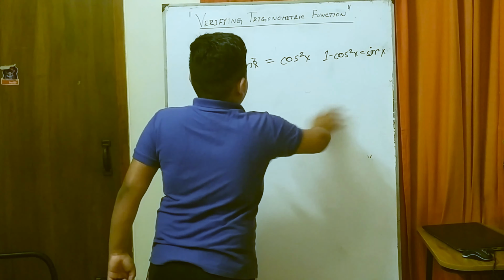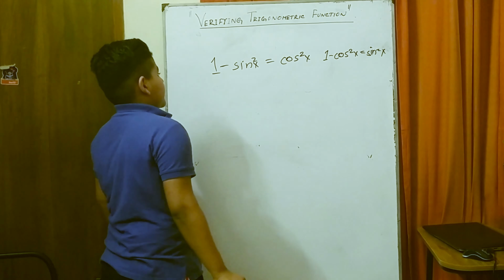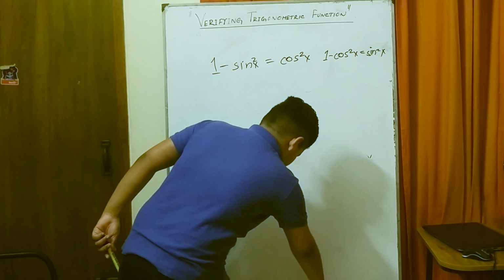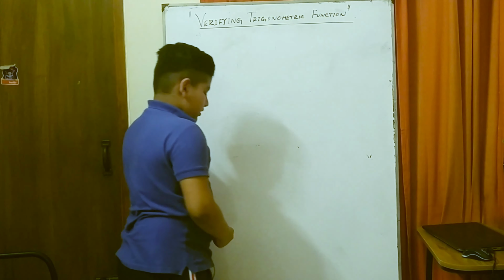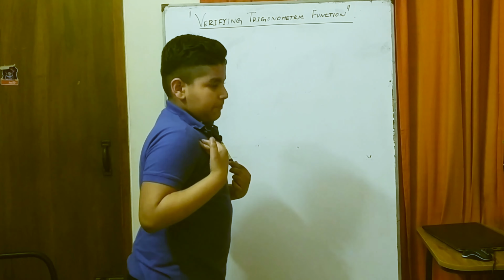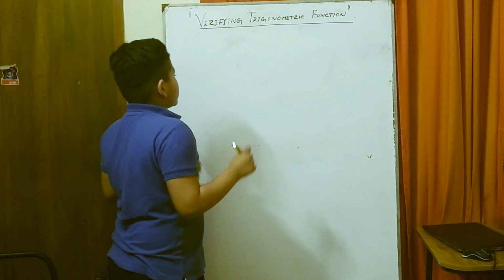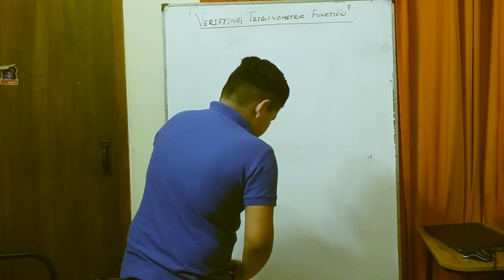These are the two expressions that can come in handy whenever we're verifying a trigonometric identity. The third, and in my opinion the simplest one, is to use the fractions.